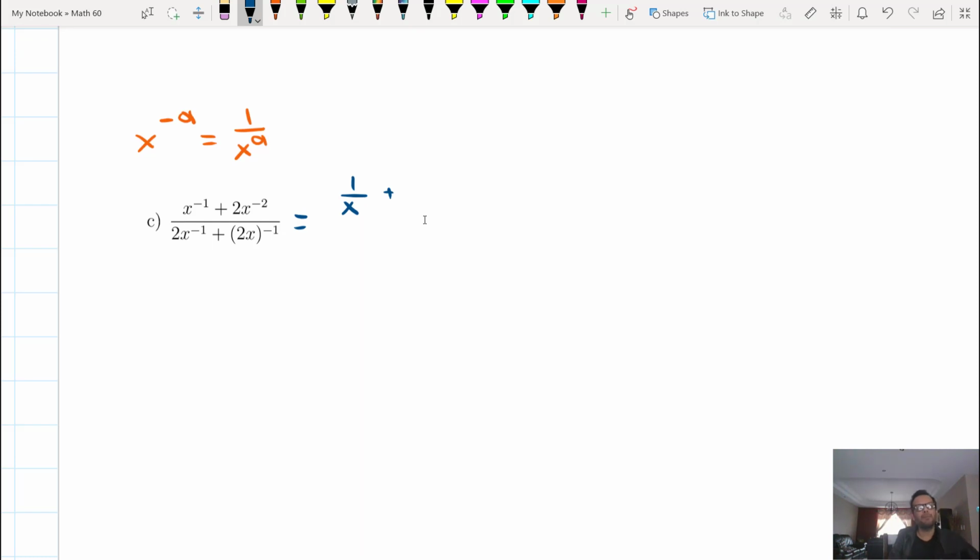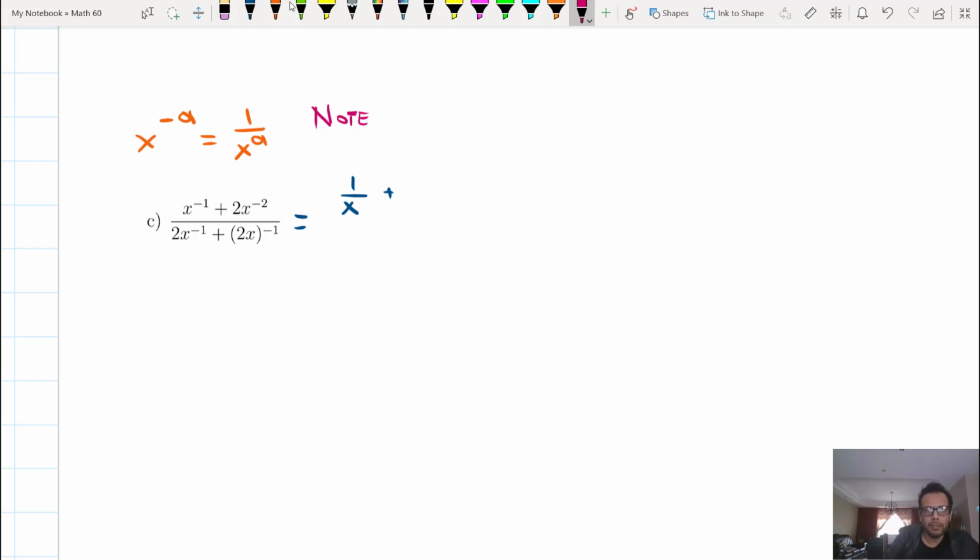Okay, I need to make a point here, a very important point. Note, I'm going to use the space above to explain this very important note. Notice this 2x to the negative 1 in the first term of the denominator, and notice this 2x, the whole thing to the negative 1, in the denominator.